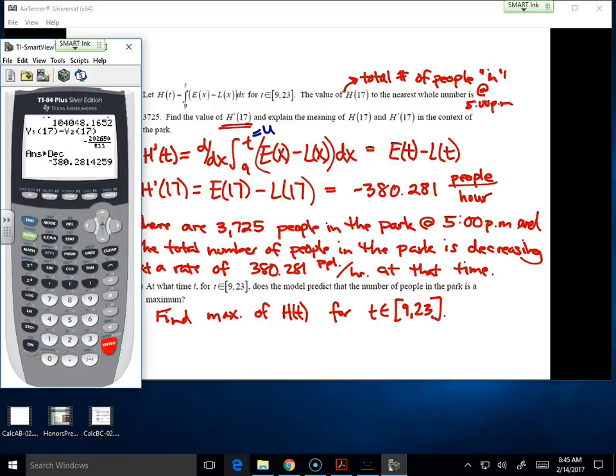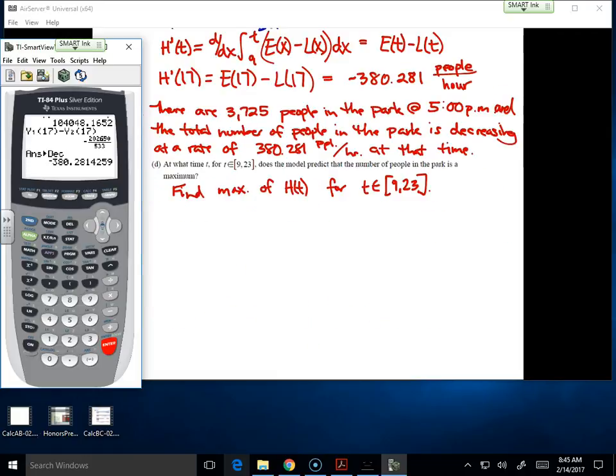How do we find maximums of things? First derivative, how to find relative extrema? We can use the graph. Can we graph h of t? He's the integral. Ugh. Yeah.